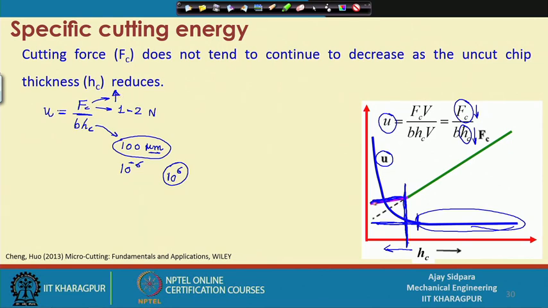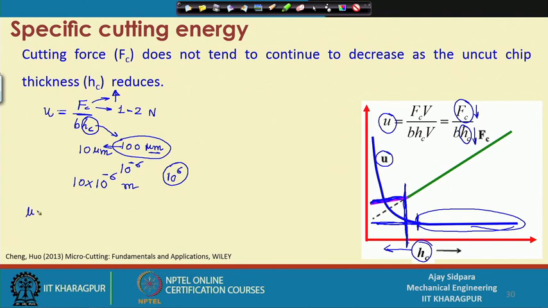So, that is what is happening once you cross one particular limit of reduction of the uncut chip thickness, and your HC also reduces, but HC is in the denominator. So, now if you consider this is going from 100 to 10 micron, so basically it is 10 into 10 raised to minus 6 meter, correct.